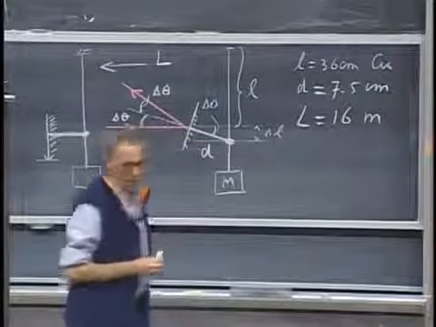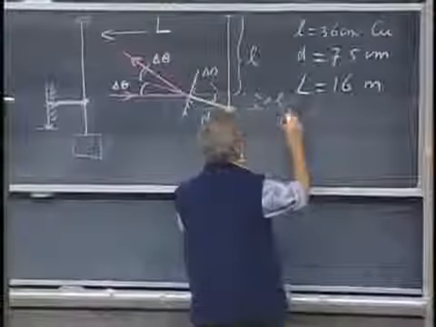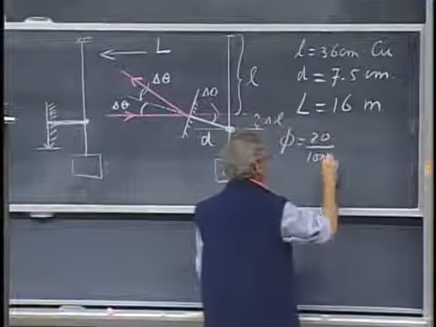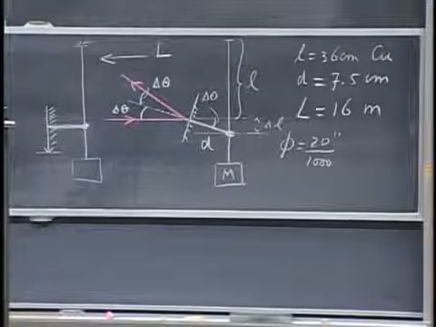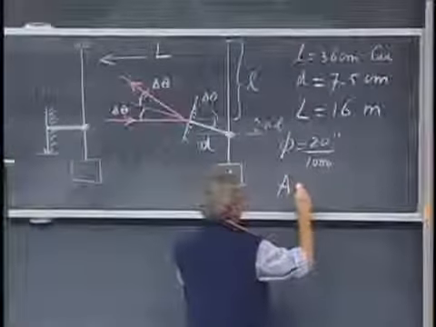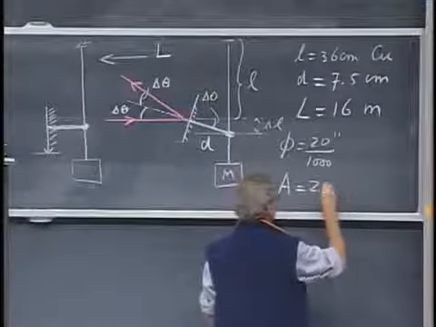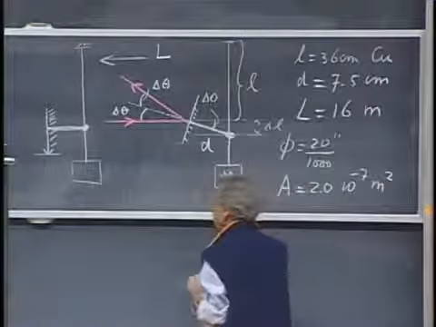The diameter of the copper wire is 20 thousandths of an inch. I give it in terms of the diameter because that's the way that the manufacturer gives it to us. And that translates into a cross-sectional area of that wire of 2.0 times 10 to the minus 7 meters squared.